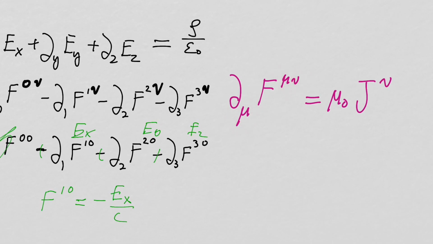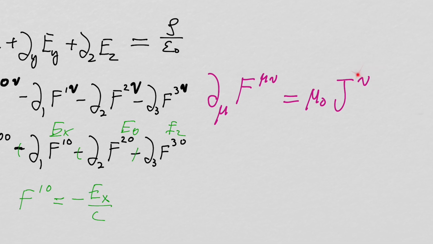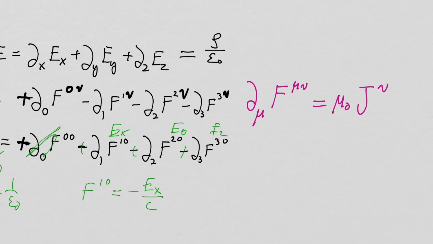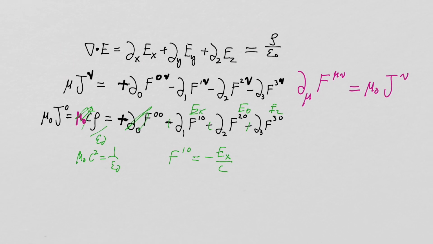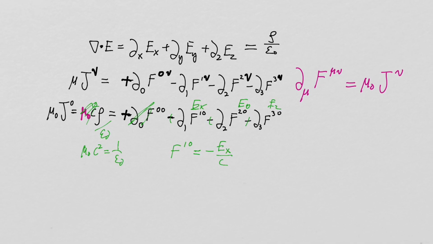So this is 4 equations, and you can tell from the right-hand side that there are clearly going to be 4 equations here. And the 0th index equation returns to us the first Maxwell equation. All right? So now we just have to hunt down the other Maxwell equation that's tied to this expression.